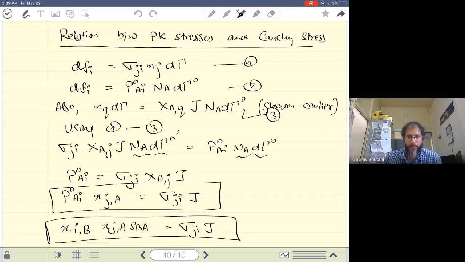So these two equations give us the relation between PK1 and sigma. And the second one gives us the relation between PK2, that is S, and sigma. So that's pretty much it that I want to discuss today.